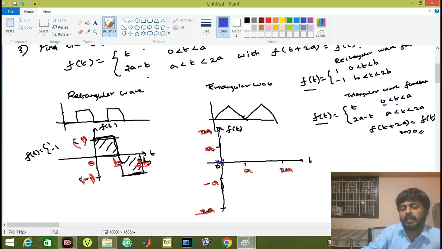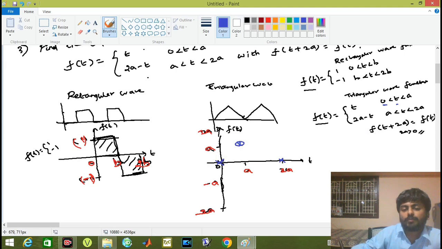If I take t equal to a, f of t is a. If I take t equal to 2a, I will get 2a minus 2a, which becomes 0.